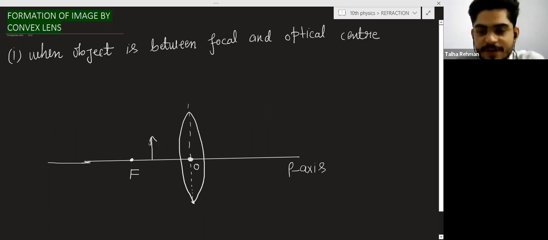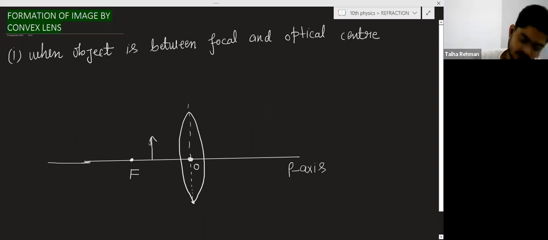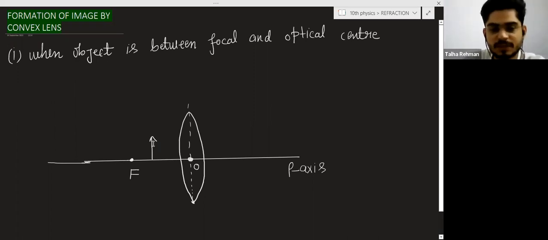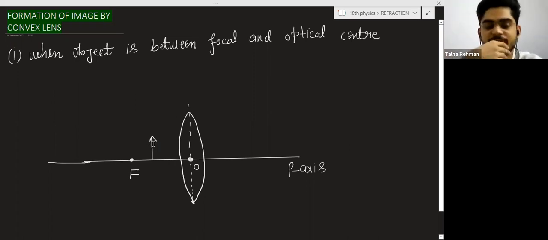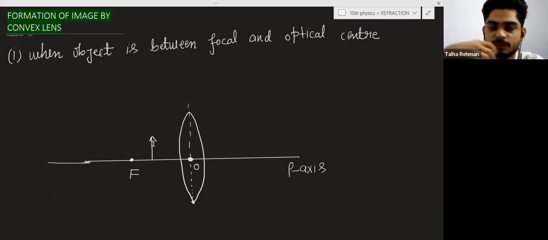Earlier we did the image formation of the object, but there the reflection was taking place. Here refraction will take place. So what will happen?